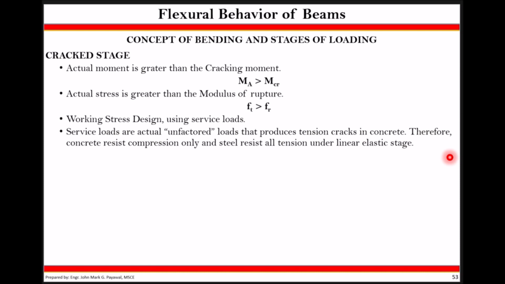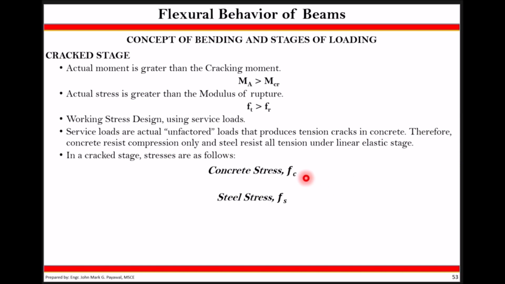Ito ngayon, dahil basag yung kanyang bato, wala yung ibabang concrete. So meron ka lang top na concrete, tapos meron kang steel sa baba. And when that happens, these are your unknowns: the concrete stress, f_c, and then your steel stress, which is f_s.